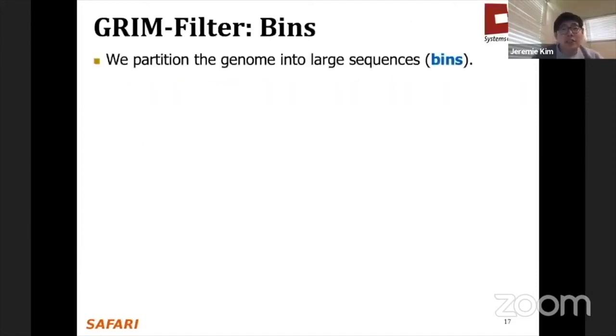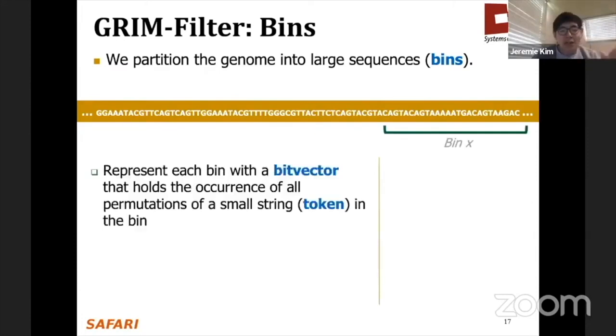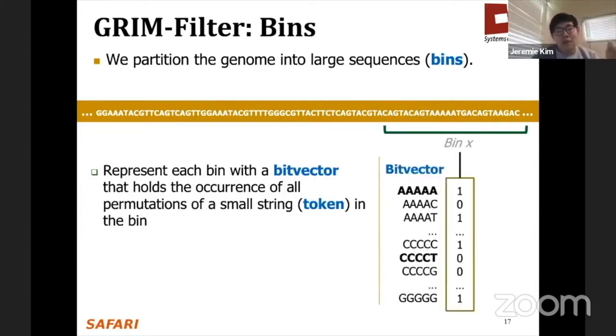So the data structure necessary, we define as bins, and we basically take the full genome and partition it into these large sequences called bins. So we have a bin here that represents the sequence, and then we create a bit vector that represents a bin, and the bit vector essentially is an array that holds the occurrence of all permutations of a small string or a token in the bin.